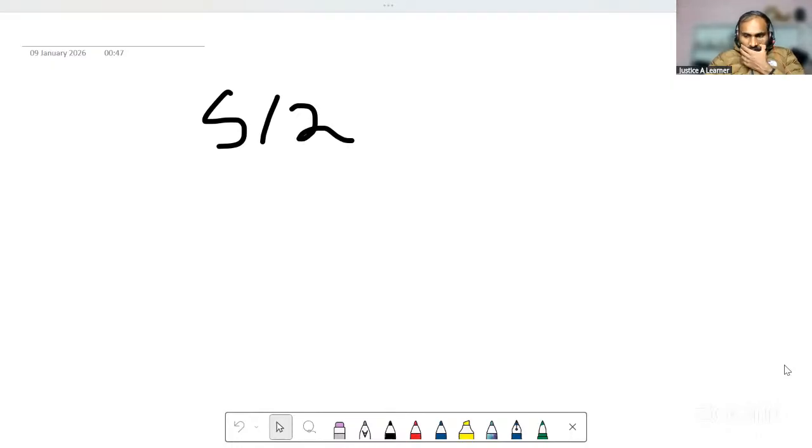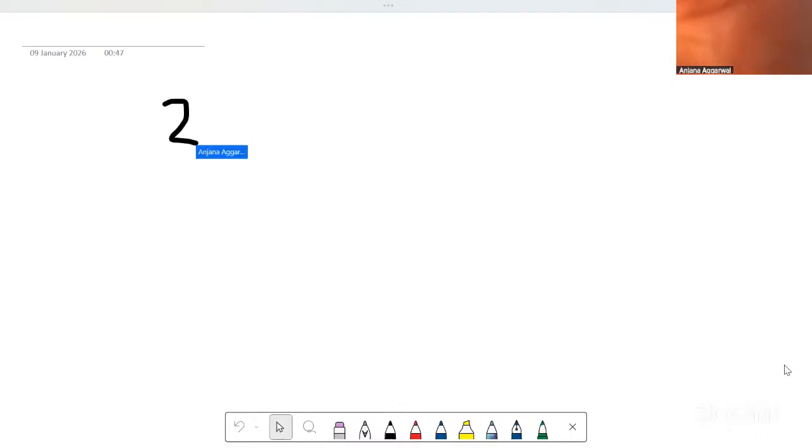So 512 is square or cube? Square. Square? It's a square of something. Square root. No, it's not a square. 256 is okay. 256 is the square of what?